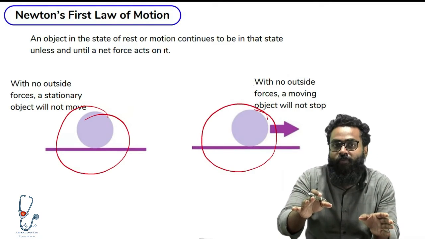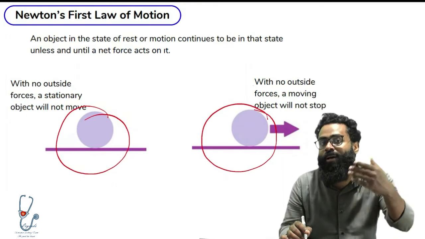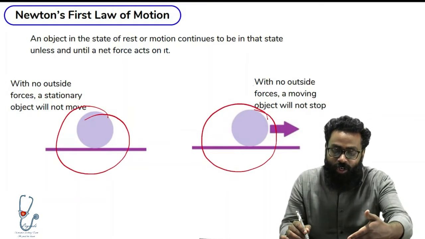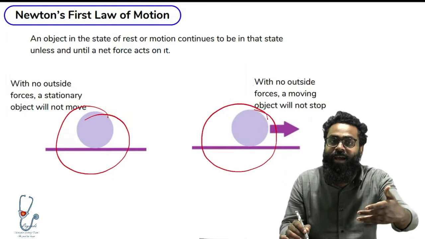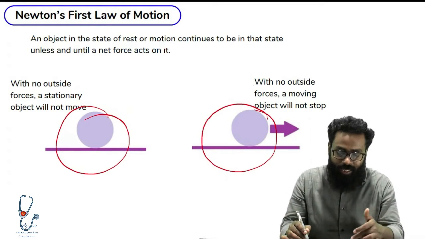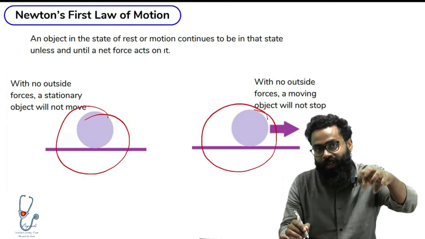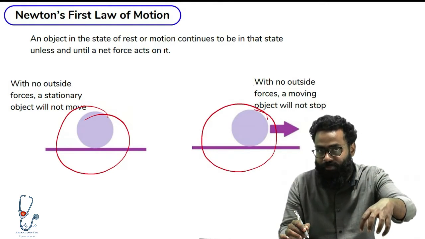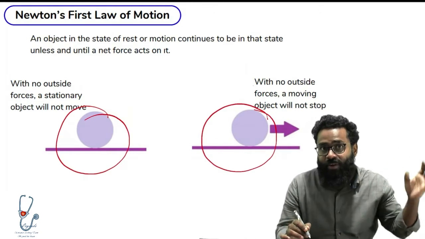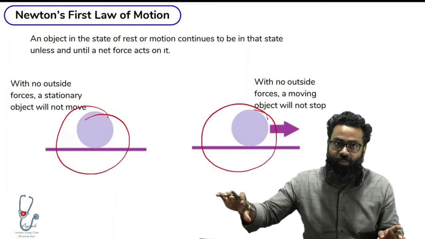So Newton's first law of motion describes that an object in a state of uniform motion or in a state of rest remains in that state unless and until an external force acts on it. Clear that? With no outside force, a stationary object will remain the same. That means it continues in a state of rest unless an external force is given to it. And the second one is in uniform motion.